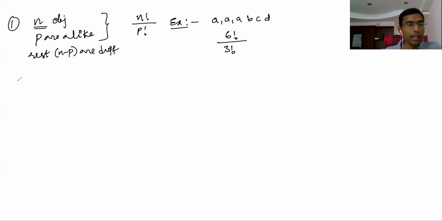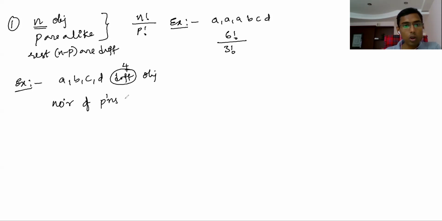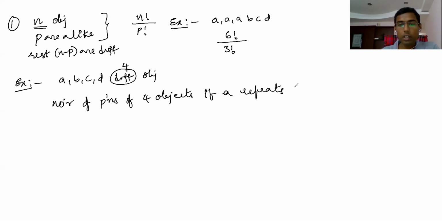So now we can tell this another way also. Here A, B, C, D, four different objects are given. Here we may ask the question: number of permutations of these four objects, if A repeats thrice in each permutation.